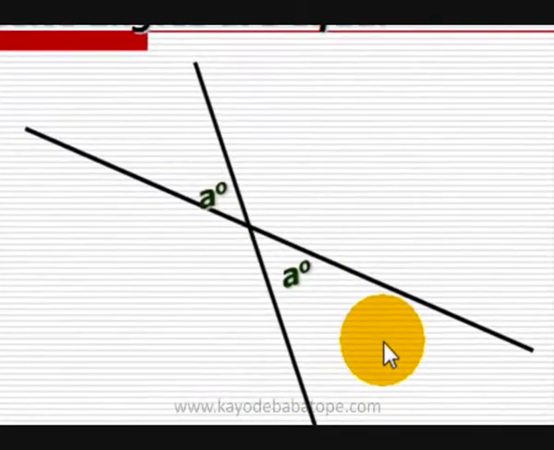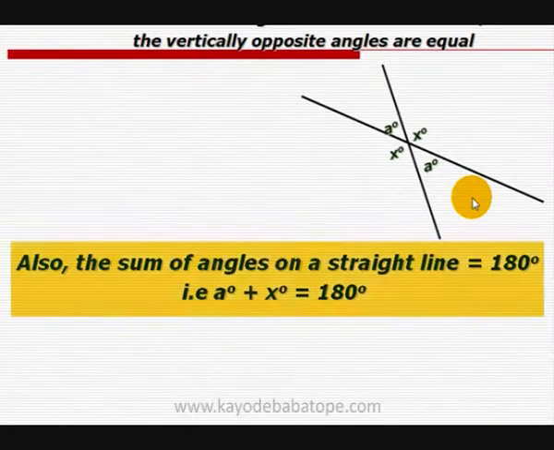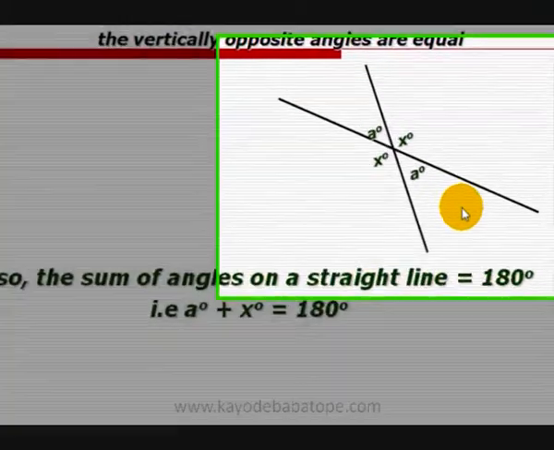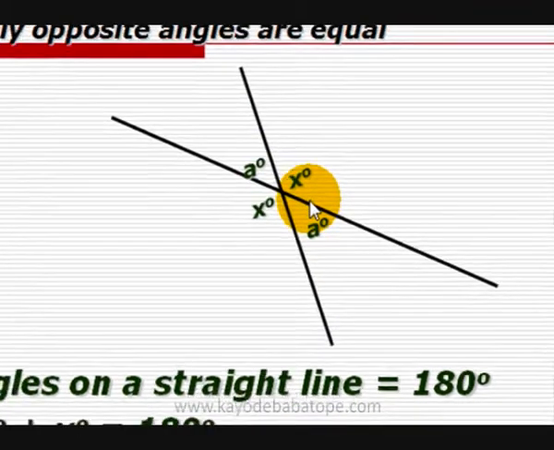That is, angle A equals angle A and angle X equals angle X. Also, the sum of angles on a straight line equals 180. What do I mean? Here is a straight line. The sum of angles on this straight line are A plus X. That is, A plus X must be equal to 180.